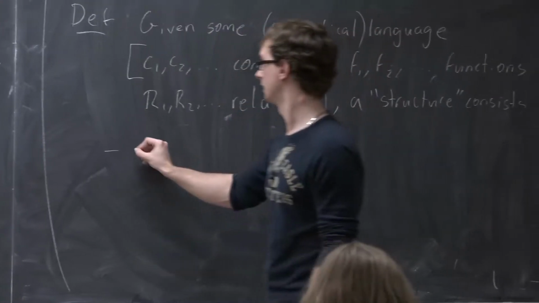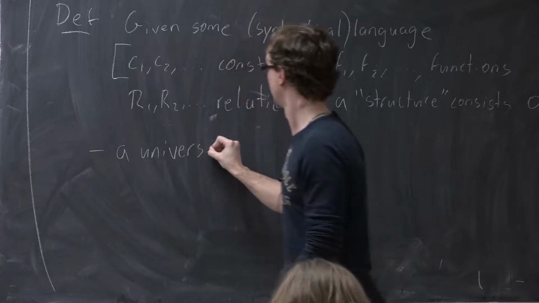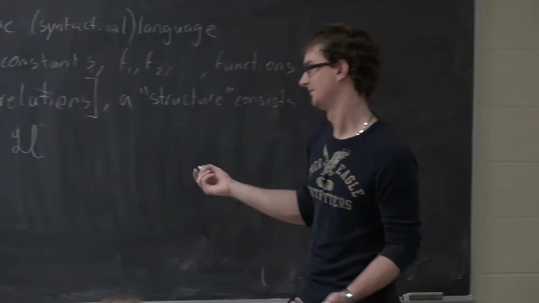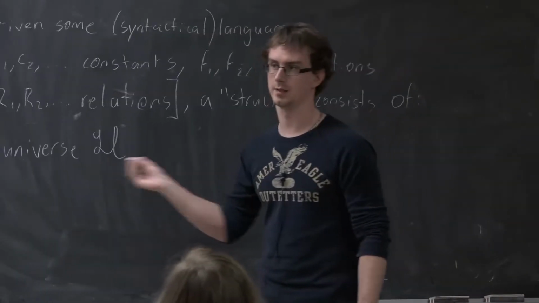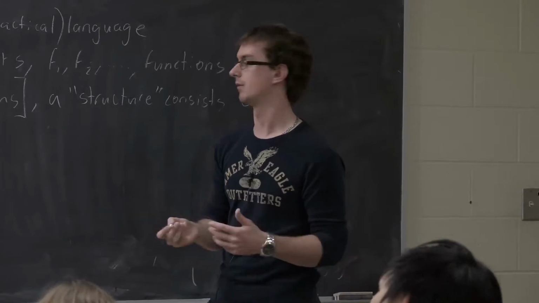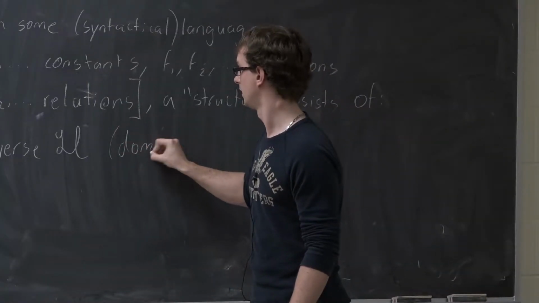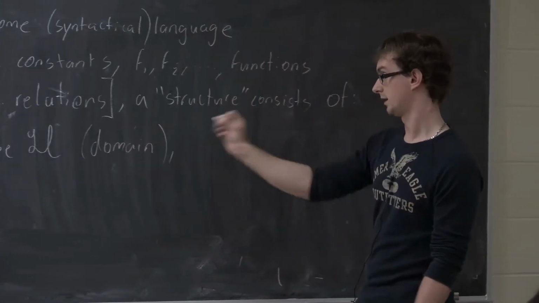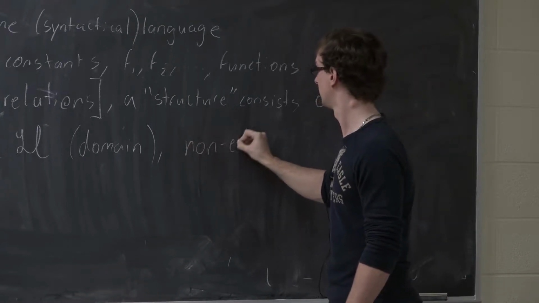So the first is a universe U. So that's just a fancy German U, because why not? And a universe U is a collection of elements that reside in our domain. So you can also just call it a domain. And important is that our universe has to be non-empty.